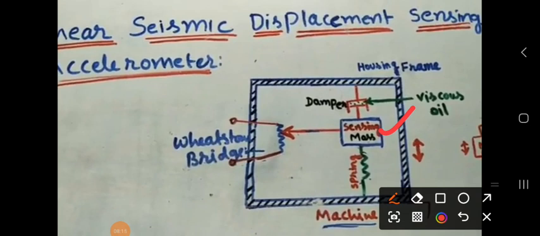Here we are using a Wheatstone bridge. The displaced sensing mass will be connected to a resistance through the pointer. We can use the Wheatstone bridge for finding the displacement.